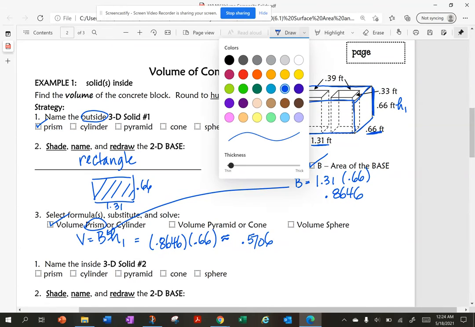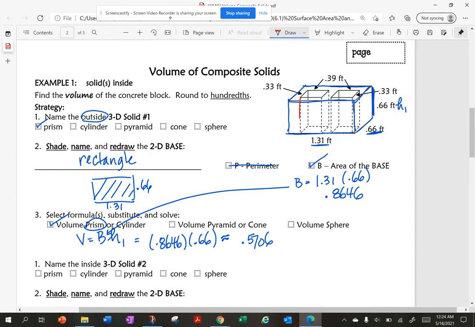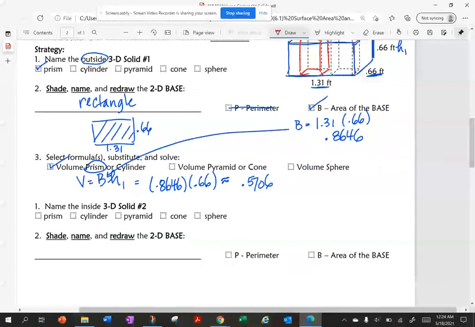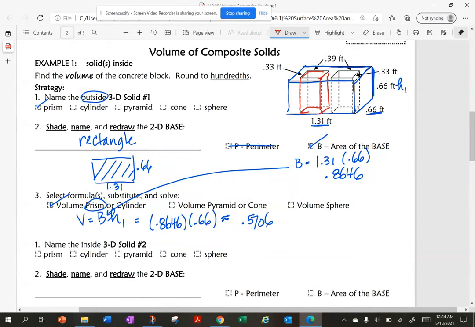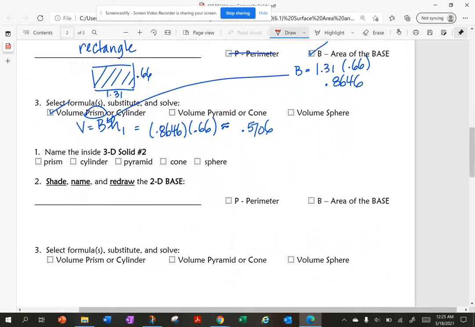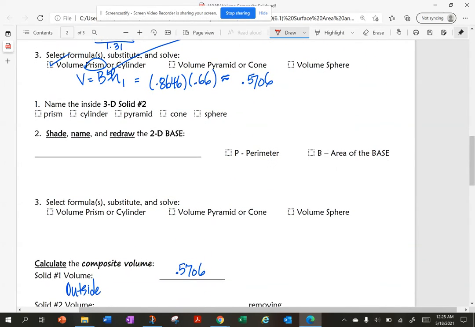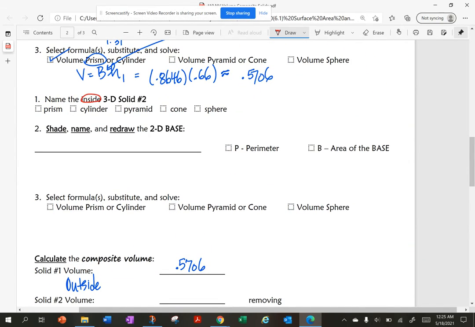Now let's work on the two that are on the inside. I have two more rectangular prisms, and they're the same size, but they're inside. I am going to find the volume of each of those and then subtract them from the total. So this is my inside. I still have a prism.